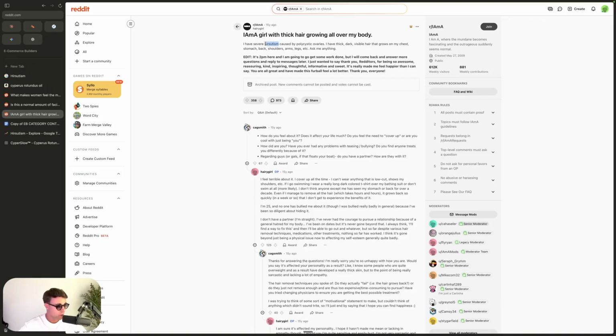And then if that angle is actually converting, then that's when we can, I like to call it angle expansion. You can start to expand within that angle and start breaking down into sub-angles and also sub-avatars as well. So we can go into different parts of the body, and our whole ad will be around women who have this condition and struggle with it on their arms, for example.